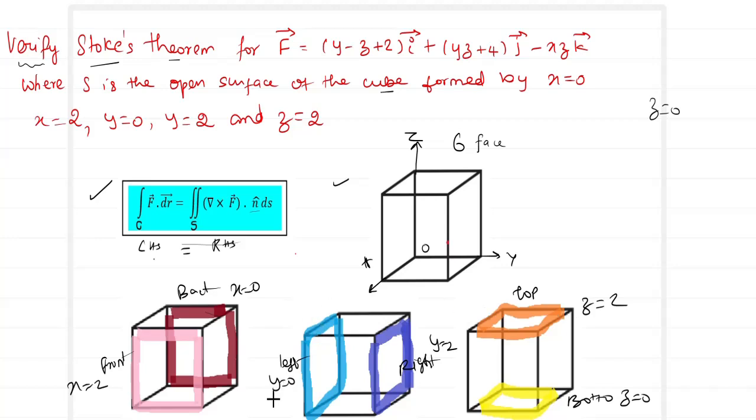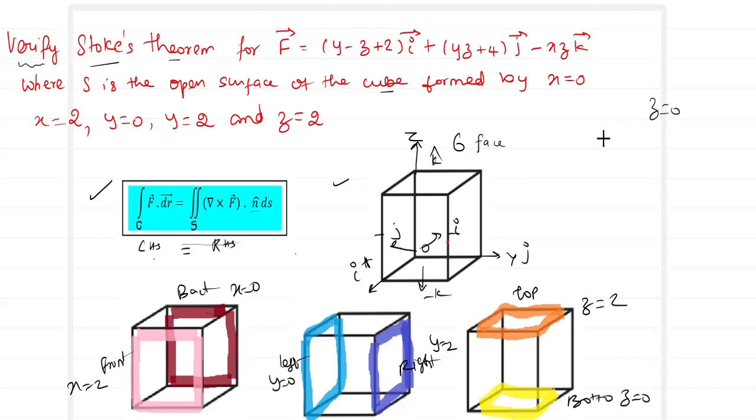Now you will have the unit outward drawn normals: along the x direction it is i in front and minus i at the back, then j and minus j for the sides, to the top it will be k, and to the bottom it will be minus k.